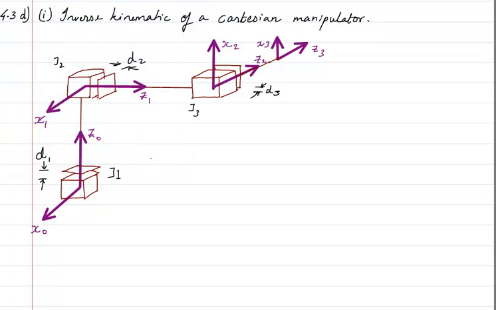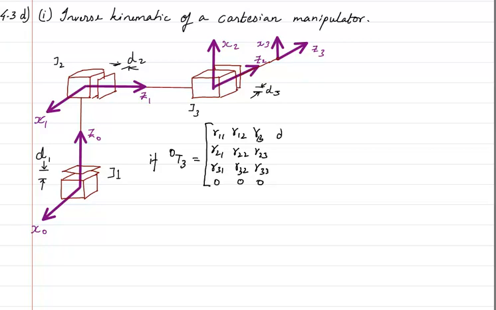The question will be something like this: 0T3 is equal to a matrix, and let me write the values in the matrix as r11, r12, r13, r21, r22, r23, and r31, r32, r33, then 0, 0, 0, dx, dy, dz, and then a 1.